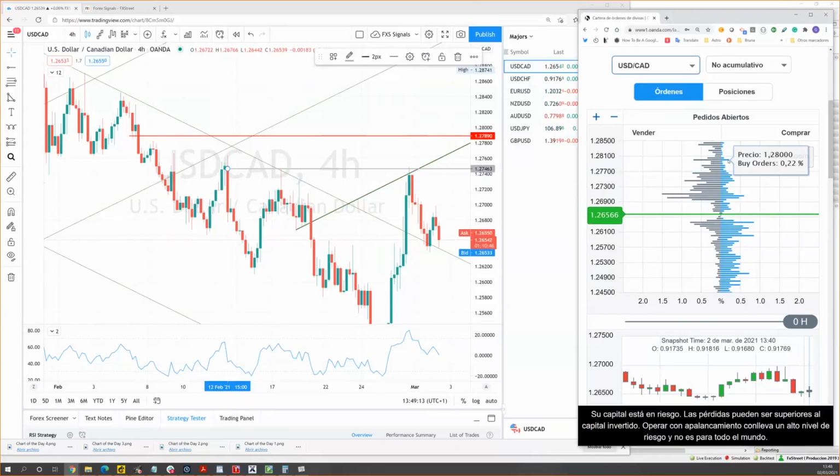These buy orders may be stops from sellers. And here we have still a lot of selling interest at the 28 figure.